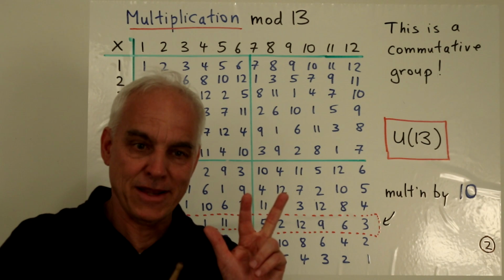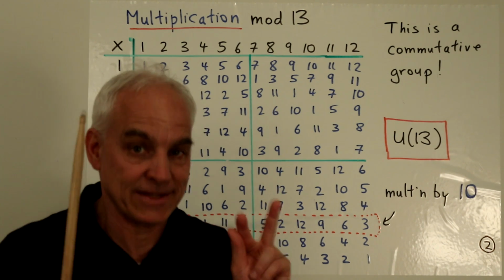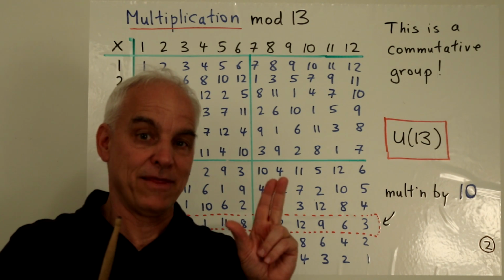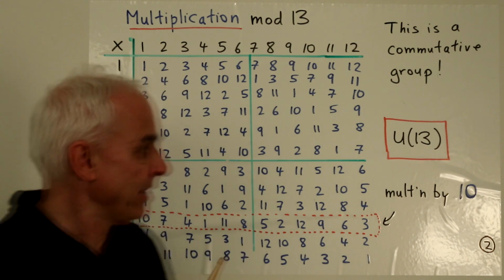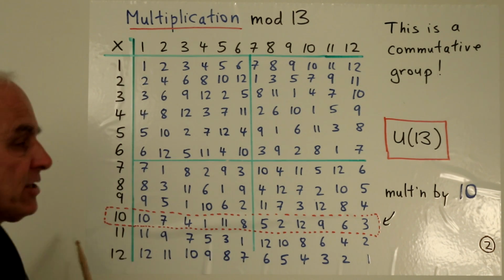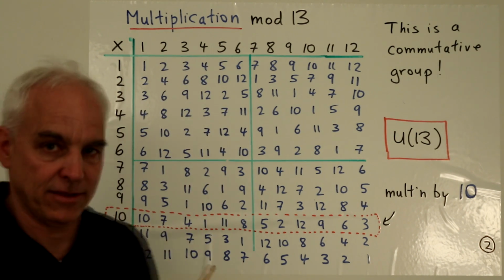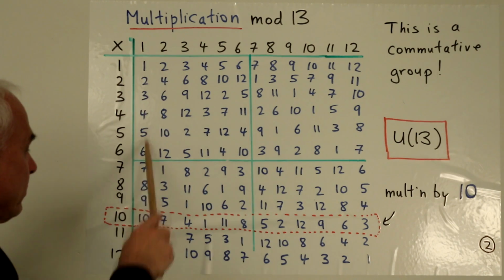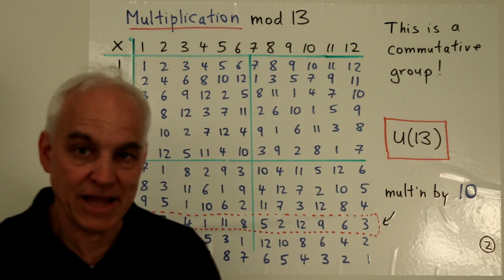If you have 3 numbers and you multiply first these 2 and then this one, you get the same thing as when you multiply these 2 first and then this one. Another important property is that there should be an identity element, in this case 1, which has the property that 1 times anything is just that anything, in either order. That's why the first row and column are very simple in this table.